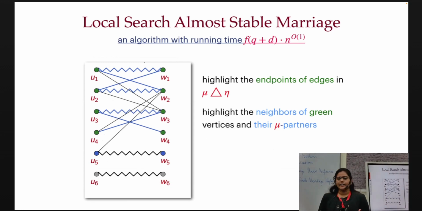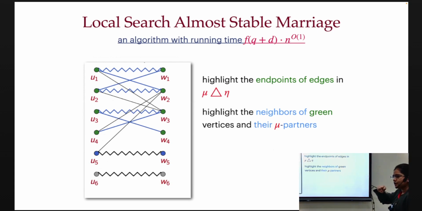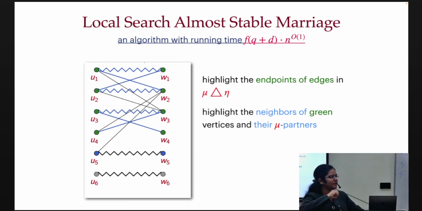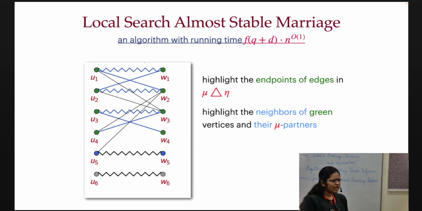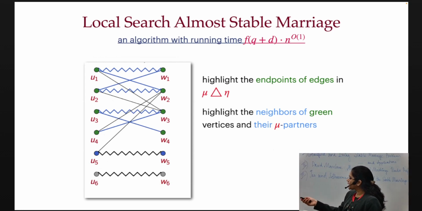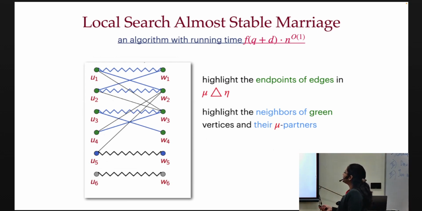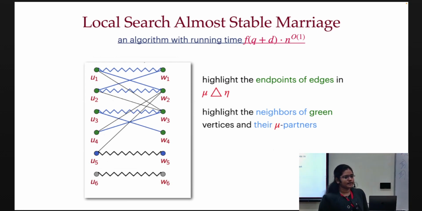To do that, we highlight the vertices which are part of my solution, and their neighbors should be of a different color. So we highlight their neighbors using, let us say, some blue color. For example, if you notice U1 W1, U2 W2, U3 W3, U4 W4, all these are symmetric difference vertices, right?